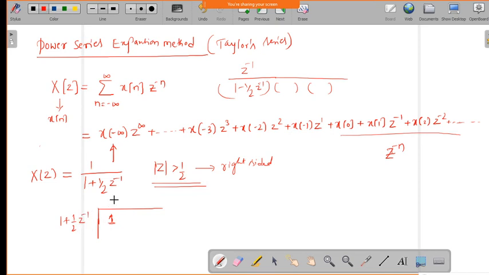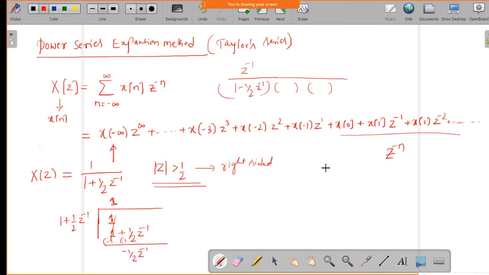Now we have to get the negative powers of z. First take one time of the denominator: 1 into 1 you will get 1, and 1 into plus half you will get plus half z inverse, and you subtract this, so the 1 cancels and you will get minus half z inverse.